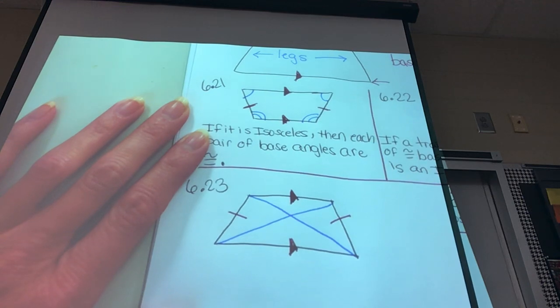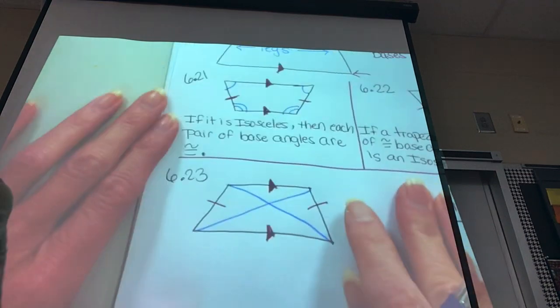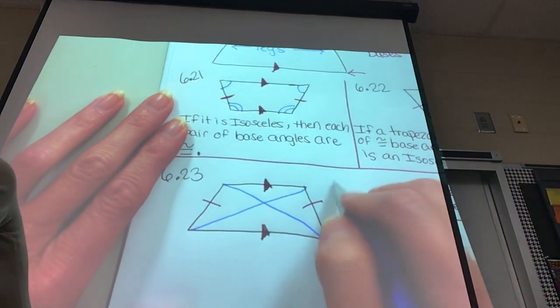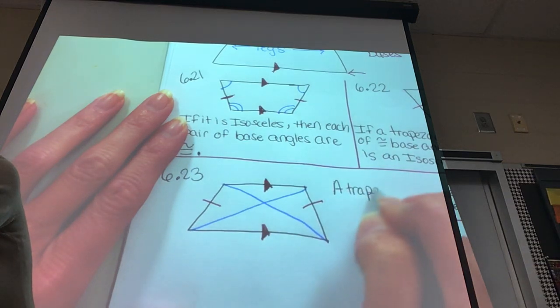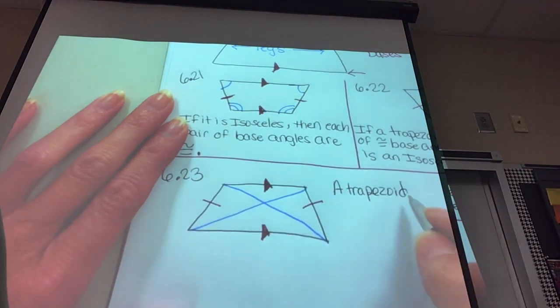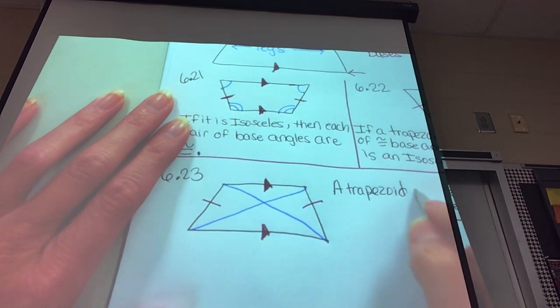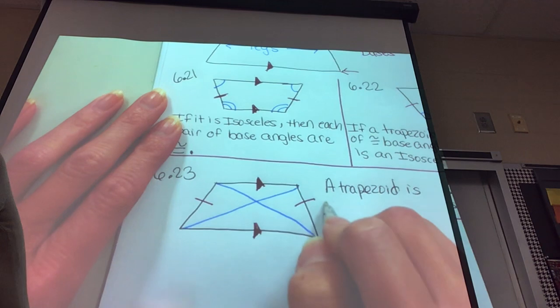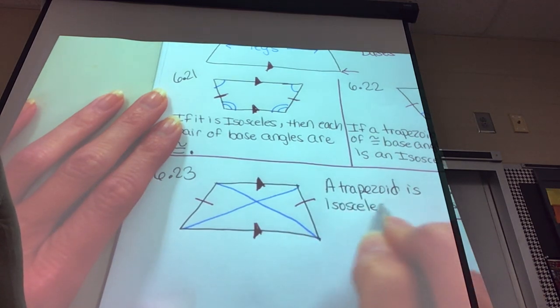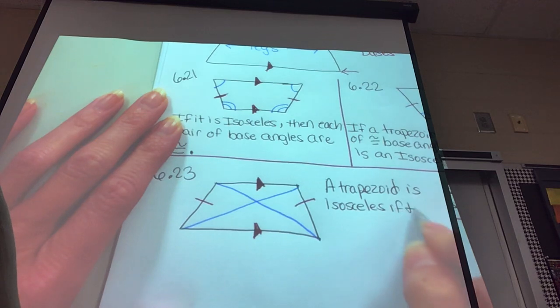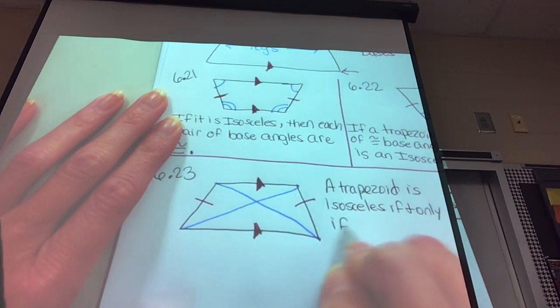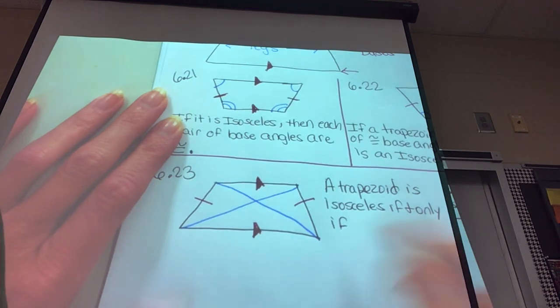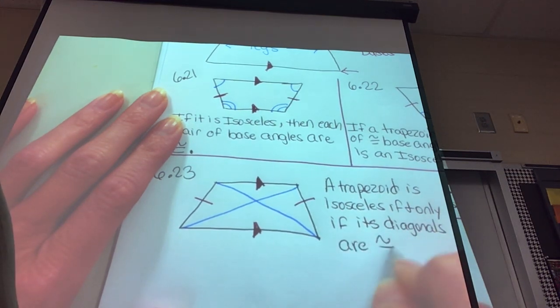It said a trapezoid is isosceles if and only if its diagonals are congruent.